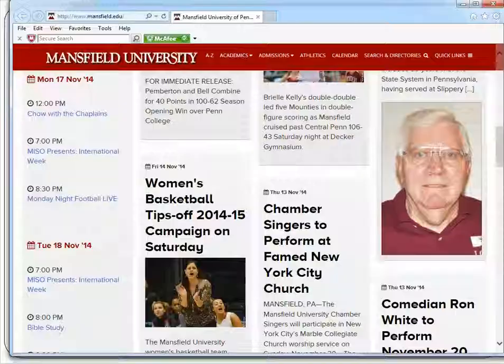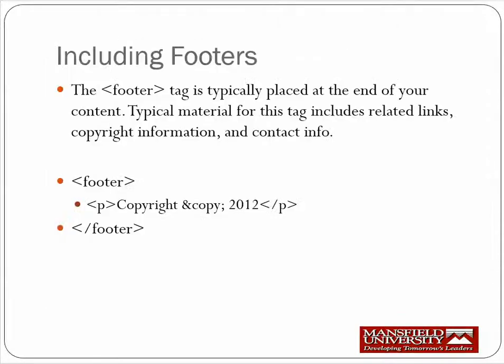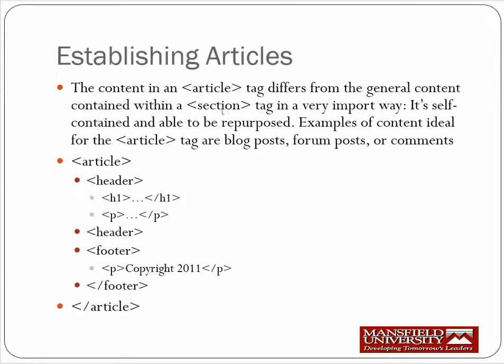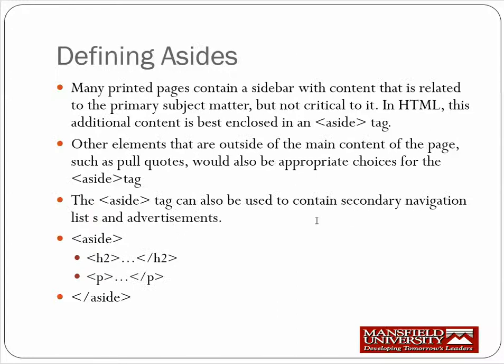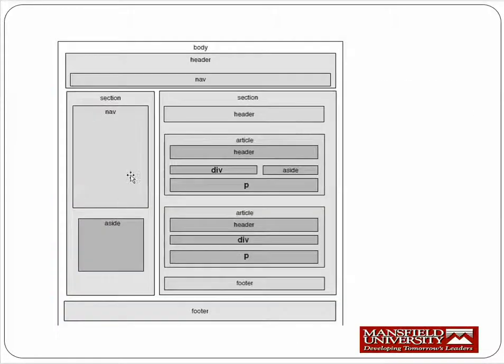What does article mean? In this example, inside the article, we can have a header, other content, and a footer. That means the article can be repurposed. We also can have a sidebar, just something on this side.